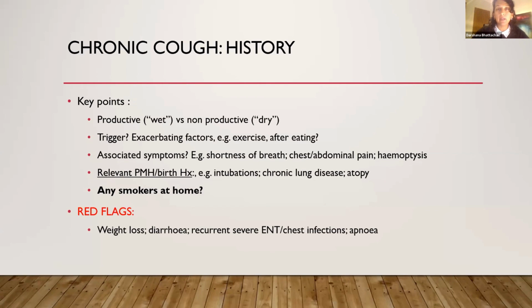Red flags to look out for, and I hope these will be quite obvious to you all, include weight loss or diarrhea, which could indicate a degree of malabsorption. Recurrent severe infections of the ear, nose, and throat or chest, which could indicate immunocompromise, or apneas in young babies, which could indicate whooping cough, particularly if they're unimmunized.